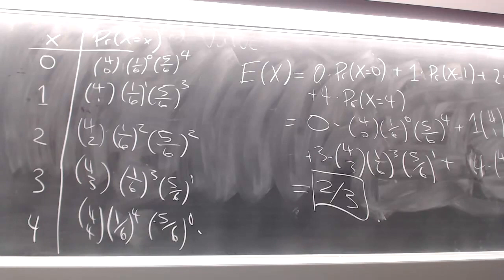Okay. So if we knew that when we did this example, it would have made our lives a lot easier, right? Because we just realize, oh, so in the example, n is 4, the success probability is 1 over 6. If you reduce that fraction, you get 2 over 3.